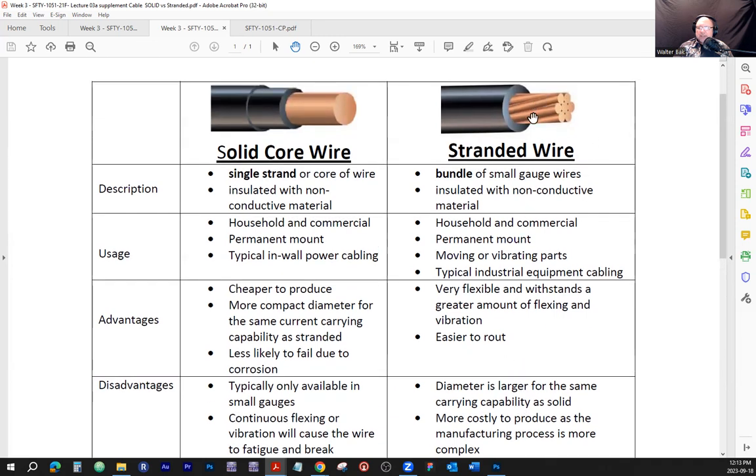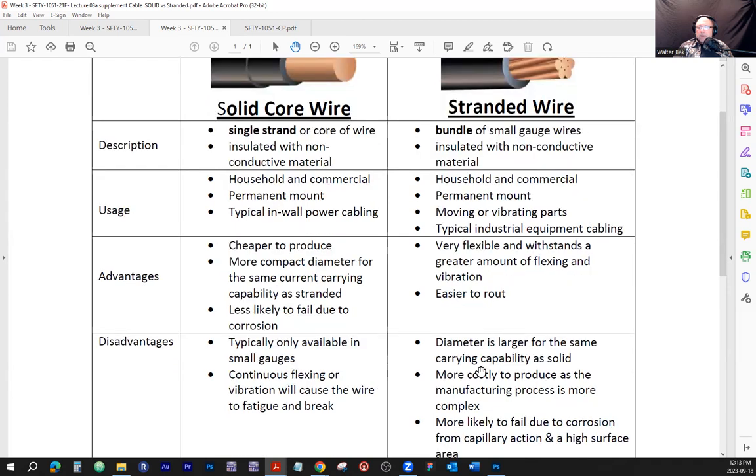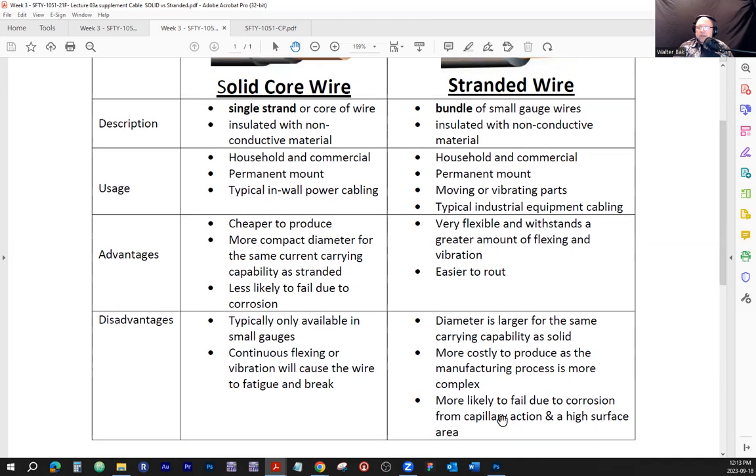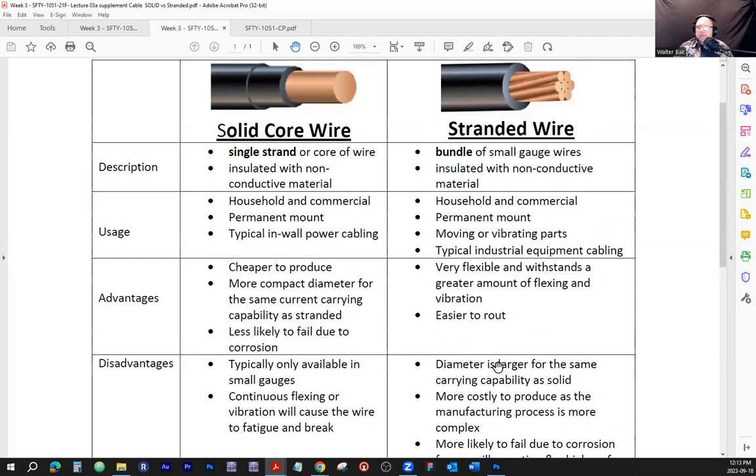It takes more volume physically to accommodate the same amount of copper for a certain gauge or ampacity. More costly to produce, and the manufacturing process is more complex. So there's the cost involved. And what's the other disadvantage? More likely to fail due to corrosion. So we talked about that too.